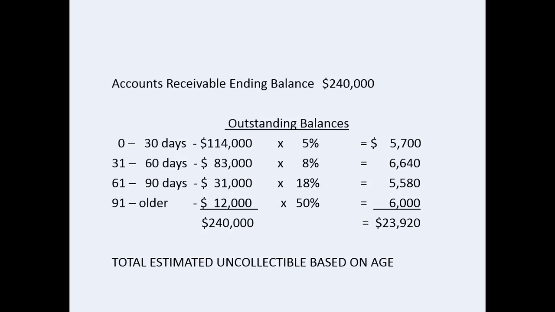The 2 months out, $83,000, you multiply that by your estimate of what will be uncollectible, 8%. Same for 3 months out and 91 days and older, where you believe the probability of collecting is only 50%. So you end up with a total number that you want for your ending balance of the allowance account.